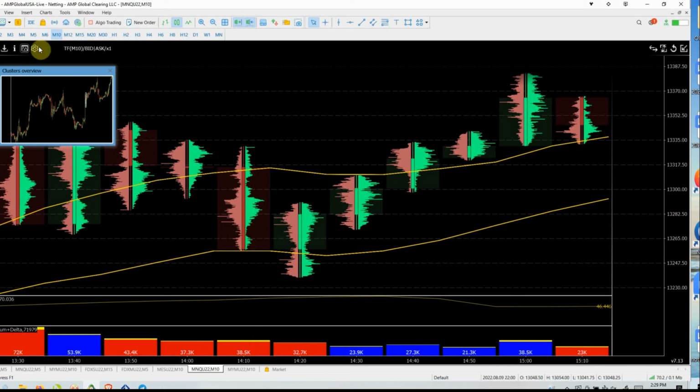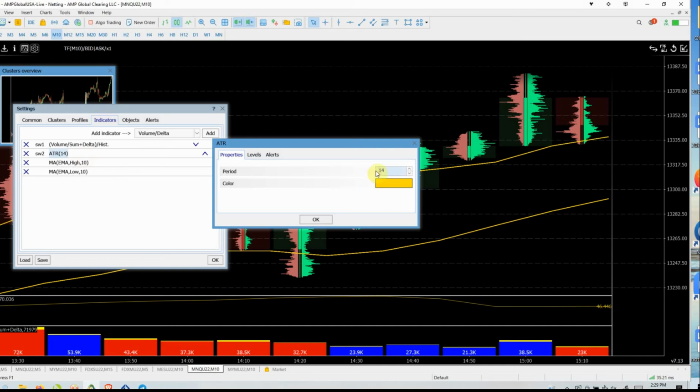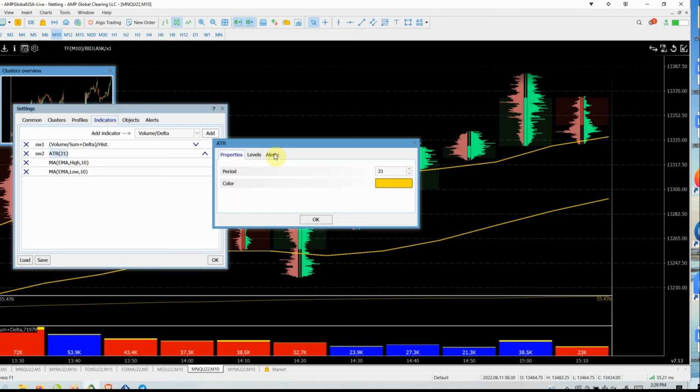and you can play around with the setting of it. Let's make it 21. That may lengthen it. Yeah, that makes it even longer. Let's shorten it. Let's make it 5.